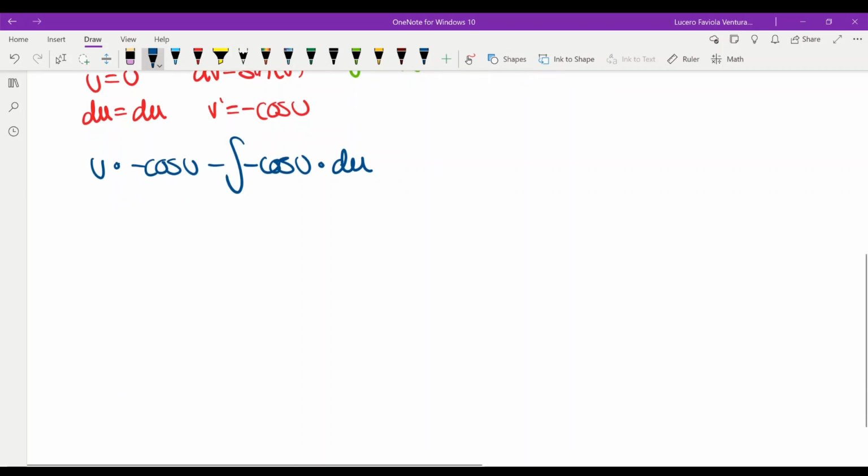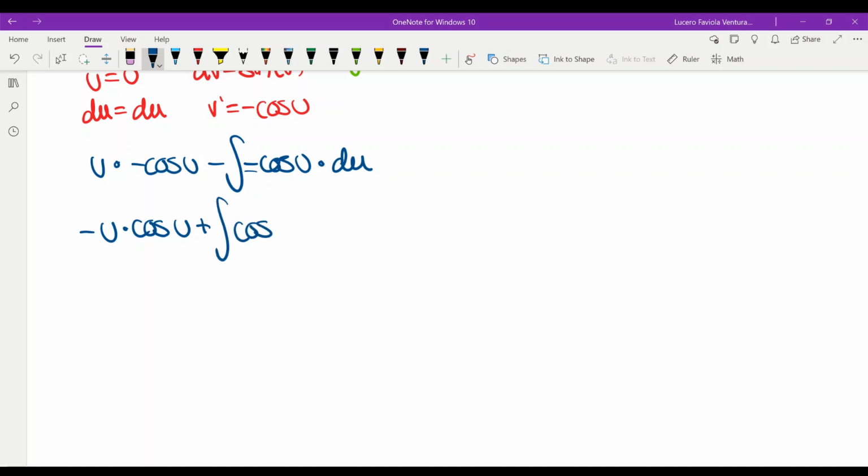Then we'll rewrite it down here. And we end up with negative u cosine u plus, because of the negative here, integral of cosine u times du.